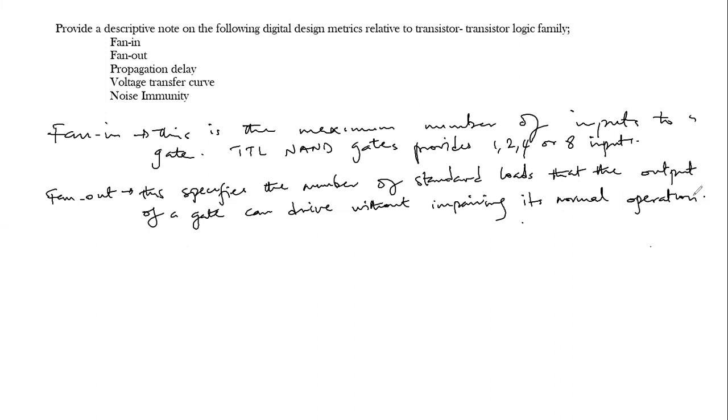And we also know that the TTL gate provides two fan-out values, one for high output and another for the low output. So you also want to include that.